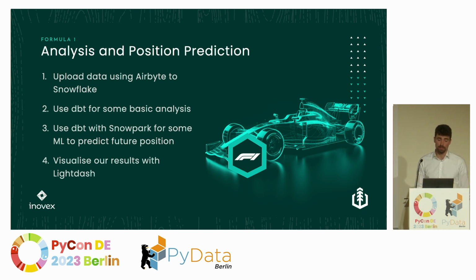Basically, a lot of SQL is used, but also more machine learning use cases, like what if I wanted to predict the future positions of certain drivers in future races, and in the end, the results can then be visualized. And this is a typical use case: you first ingest your data, you have basic analysis, you have more advanced analysis, so it can also be applied to many other use cases.